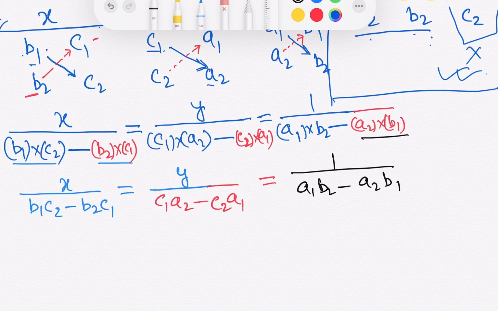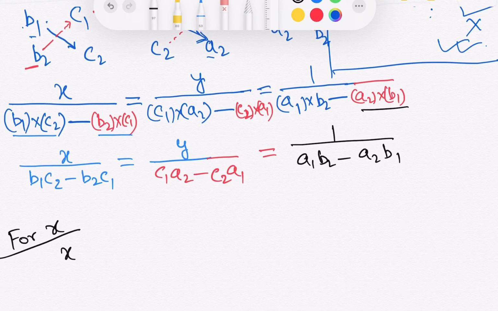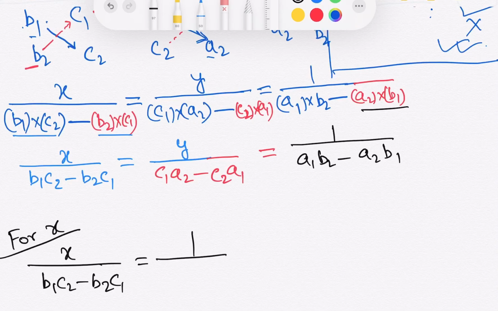So now after that you calculate the x. For x you write here x divided by b1 c2 minus b2 c1 is equal to the constant part you write here, a1 b2 minus a2 b1.